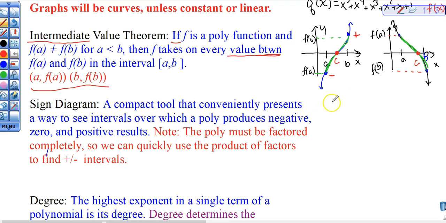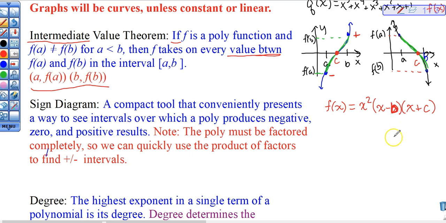So here's what I'm going to do. I'm going to give you a factored polynomial over here. Let's do x squared times x minus some number b times x plus some number c.